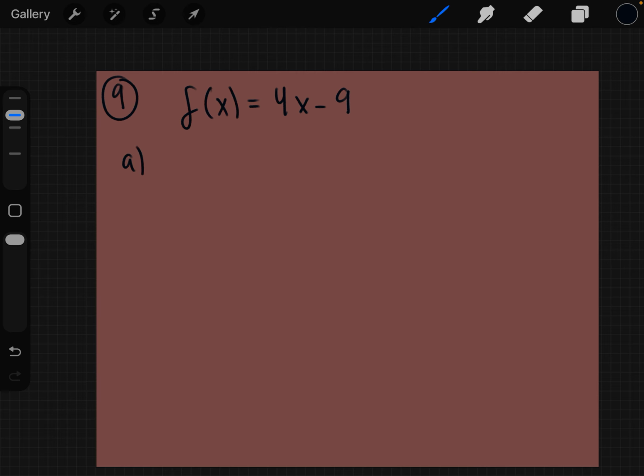Okay, this one has multiple parts. Alright, here's how you do this. There are multiple steps. First, we replace f of x with y. Then we swap x and y.